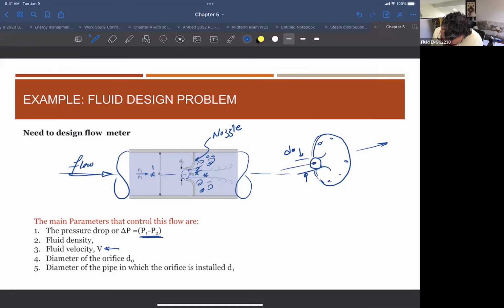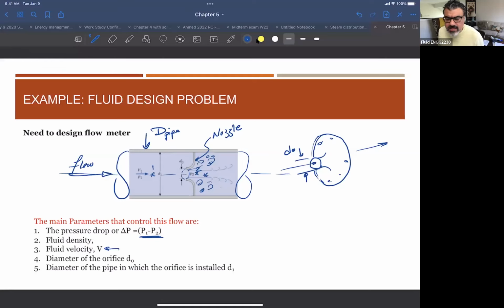This is the diameter of the orifice. If the diameter changes, or even if the diameter of the pipe changes, all these conditions will change the reading of this pressure drop, the delta P between 1 and 2. So if I were able to measure this pressure, I would see that this variation of pressure depends on so many variables.